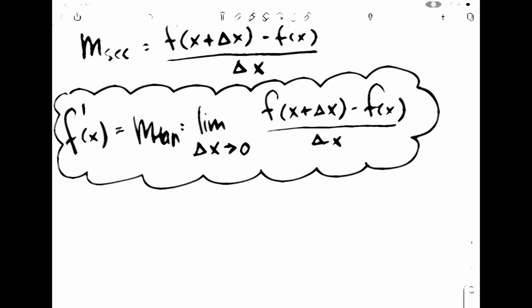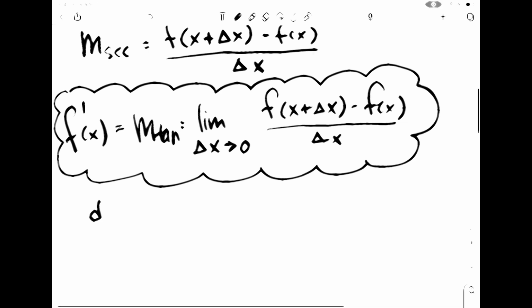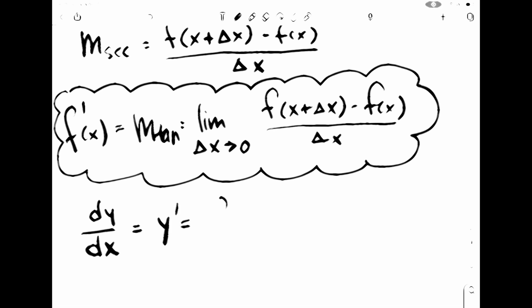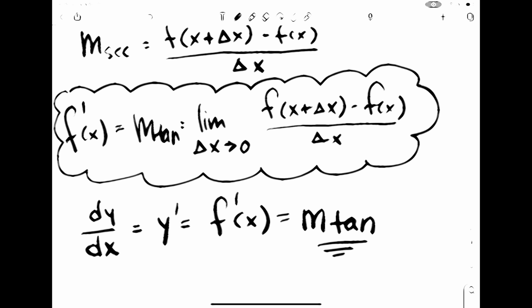Also common in our course, we call it y prime or f prime of x or dy dx. Dy dx is the same as y prime, is the same as f dash of x or f prime. They all give us the slope of the tangent line. Remember, a tangent line is just going to intersect our curve in one spot.